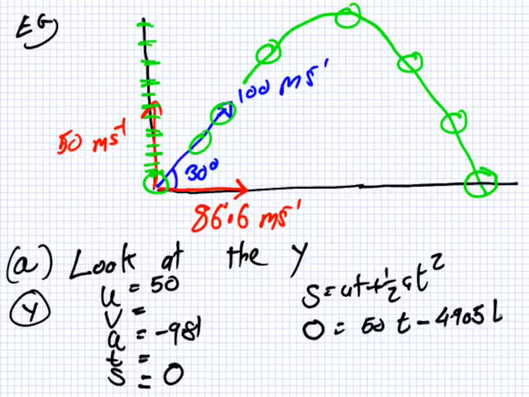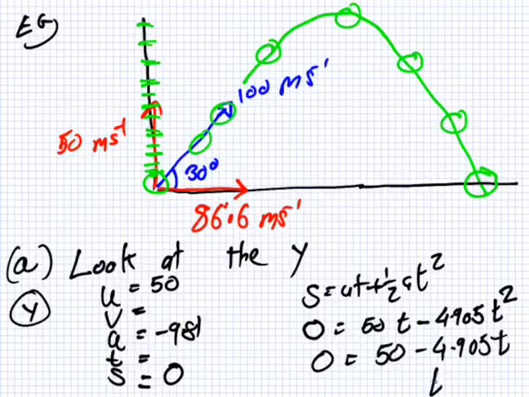Alright, so let's have a look at our first example. A projectile is fired, so you can write it down. It's fired at an angle of 30 degrees and a speed of 100 to the horizontal. What is the time of flight? What is the range?